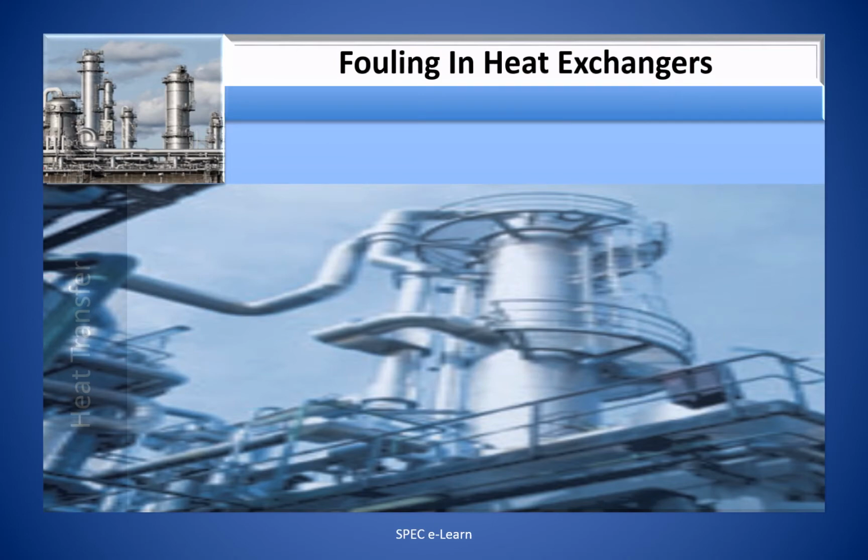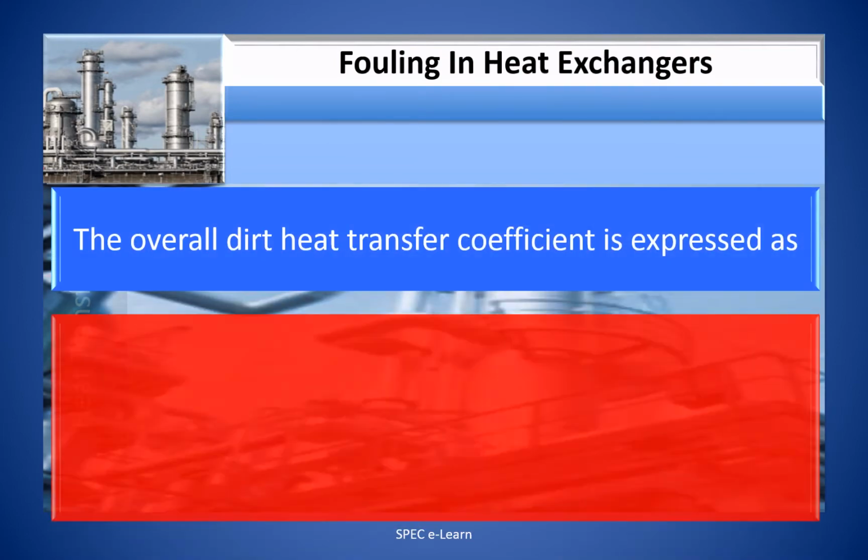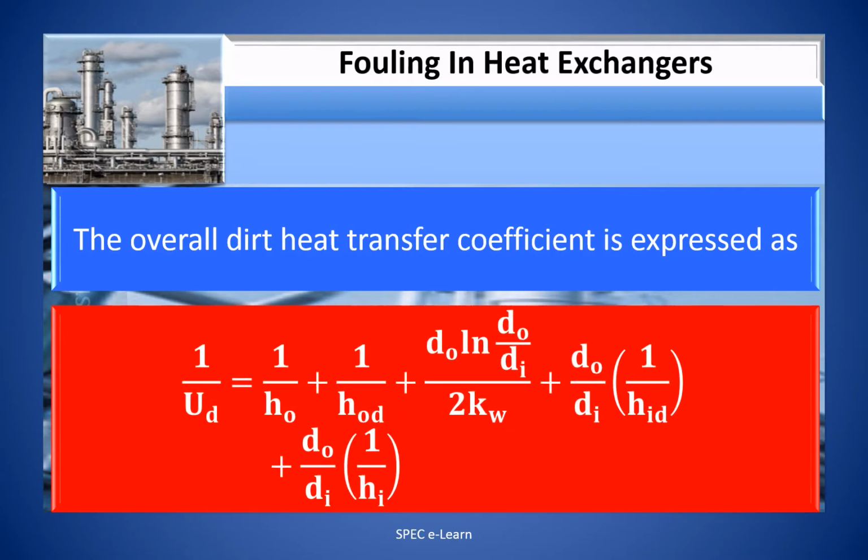The overall dirt heat transfer coefficient is expressed as 1/UD = 1/HO + 1/HOD + (DO ln(DO/DI))/(2 KW) + (DO/DI)(1/HID) + (DO/DI)(1/HI).